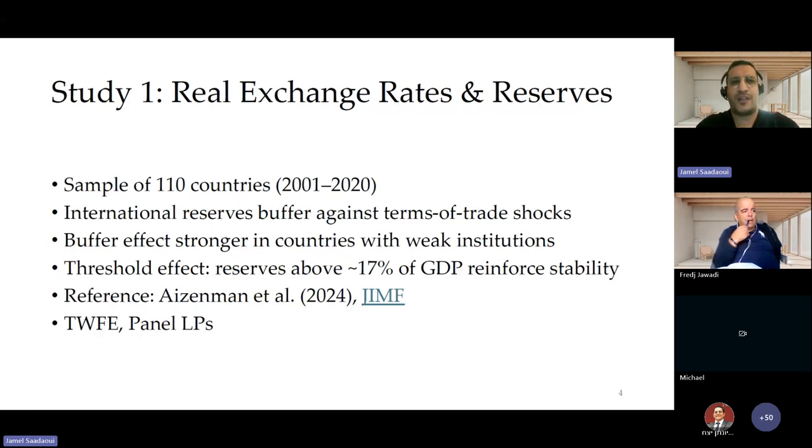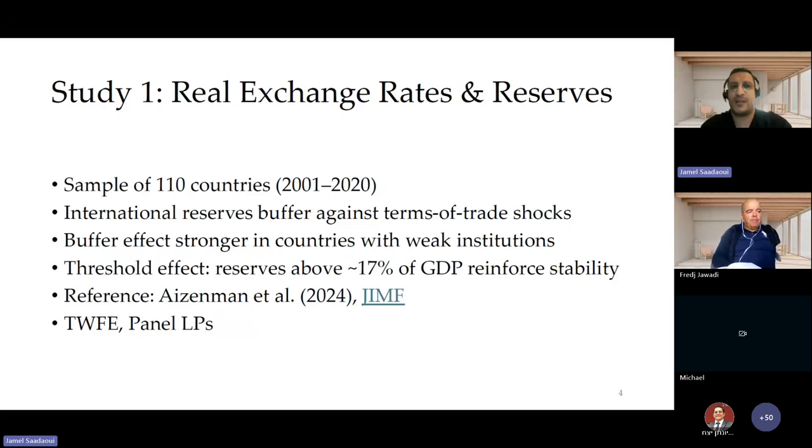We have a sample of a large cross-section of more than 100 countries observed from 2001 to 2020, a period where financial integration is high, and thus in theory it should reduce the need for international reserves in central banks.